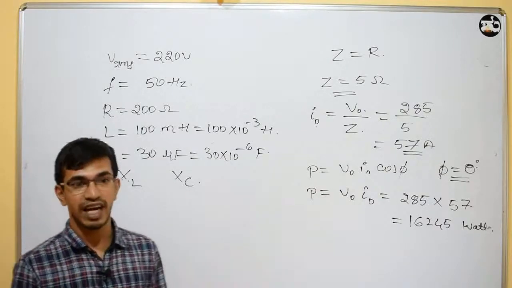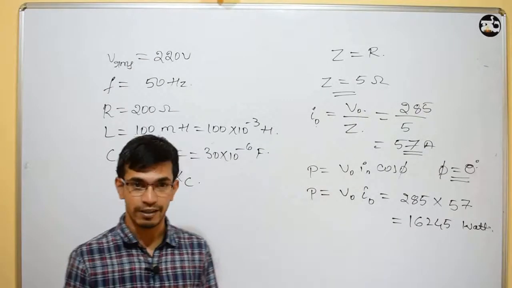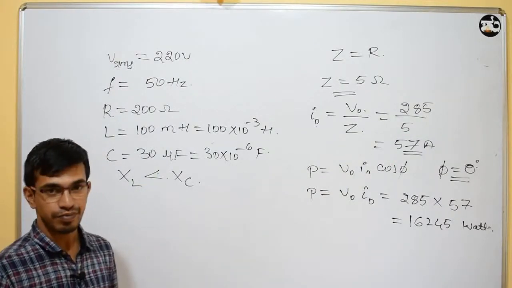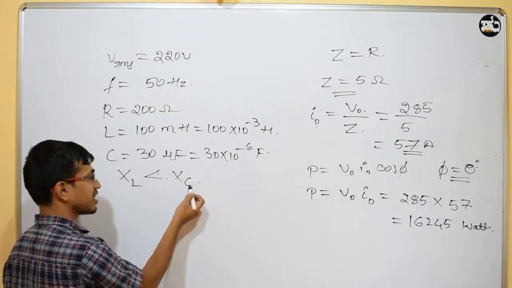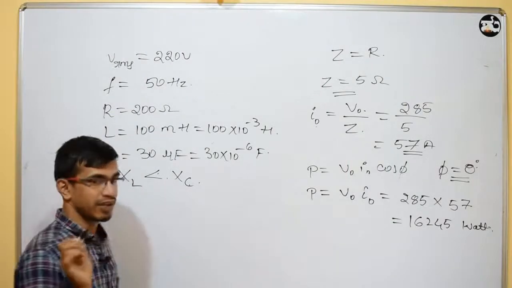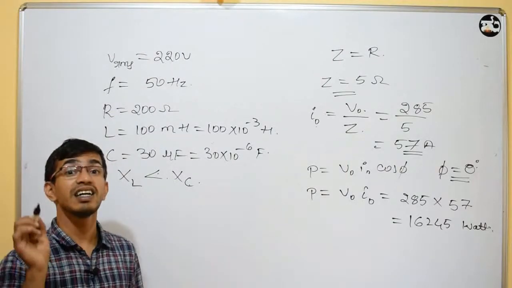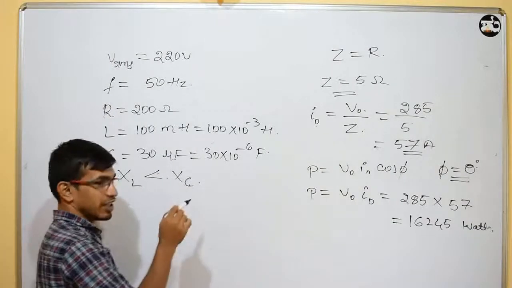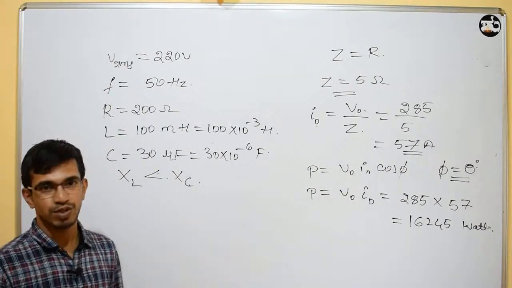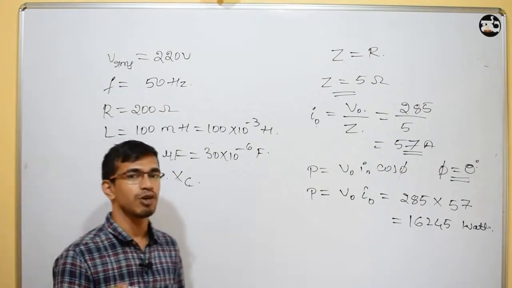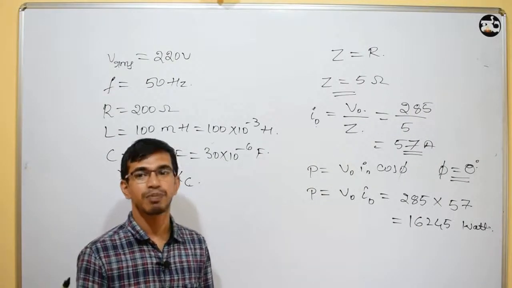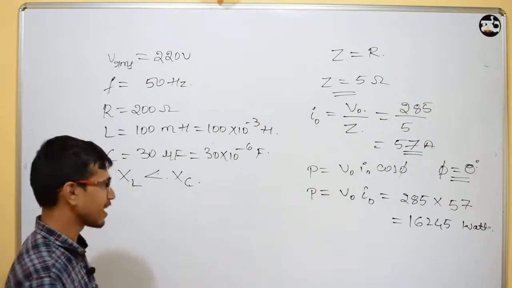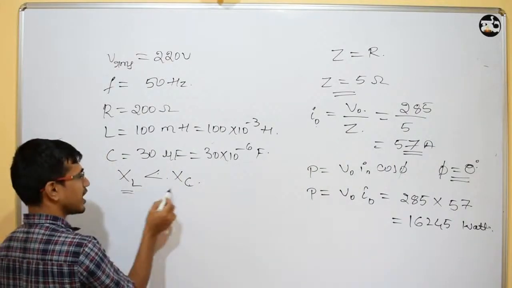Suppose the capacitive reactance is greater than the inductive reactance, at that time current leads the voltage by phi angle. To find out the phase angle, tan phi is equal to XL minus XC divided by R. This is a simple formula which you need to use to get the value of phi. So let's try to find out XL and XC now.